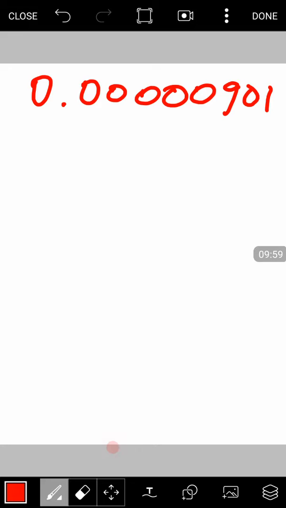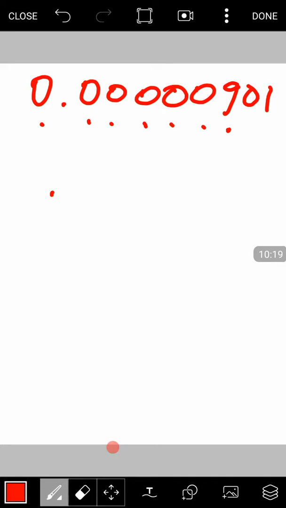We want to have one significant number in front of the decimal. Zeros are usually not significant. If you know about sig figs, as a matter of fact, none of these zeros are significant. So the only number that needs to be in front, what's the first significant number here? 9.